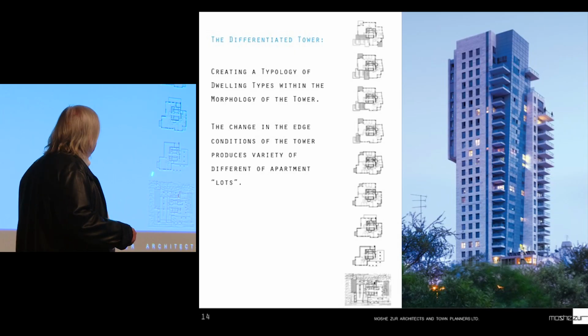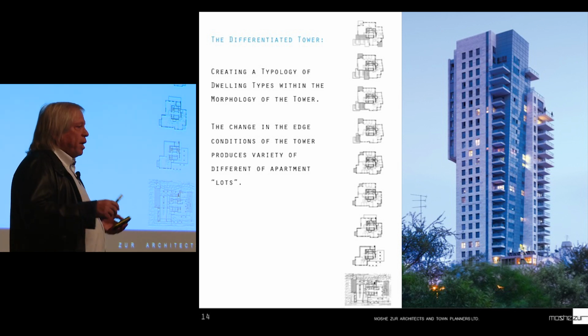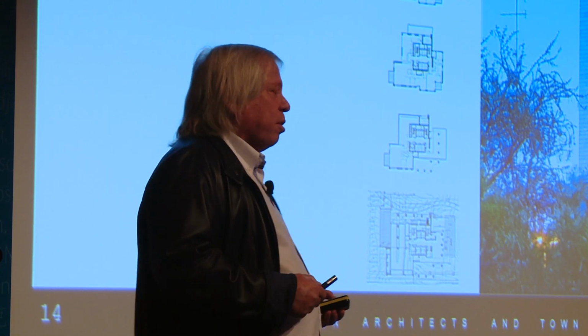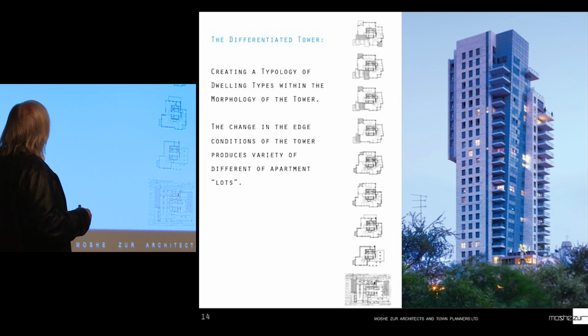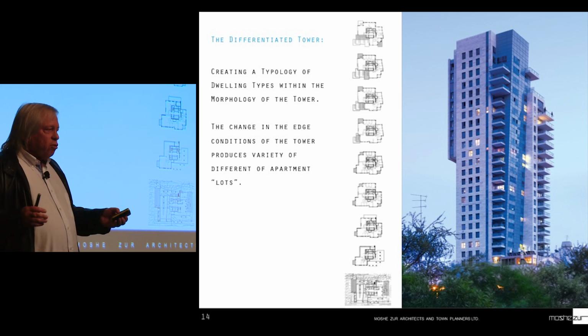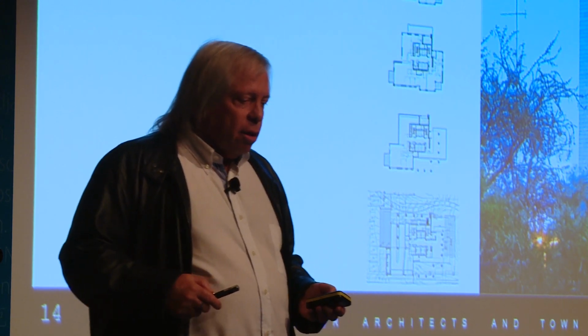We can see the change in the plan of the floor plate, starting from down up, and it becomes bigger and bigger. It also creates a bigger basis for cutting the volume for the penthouses. And by changing the edge condition of the tower, we produce a huge variety of apartments, a lot for the interior design, which is free for the interior designers.